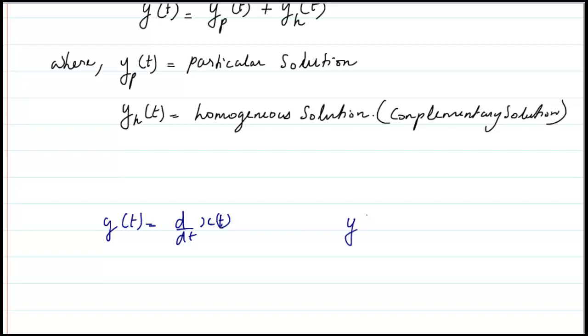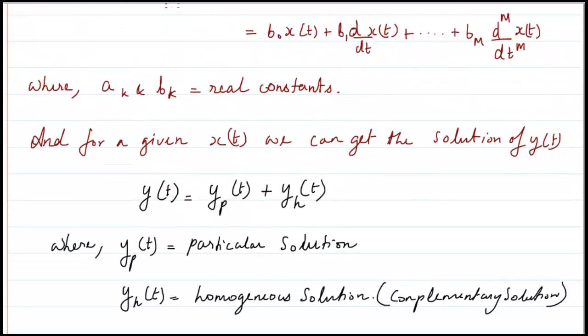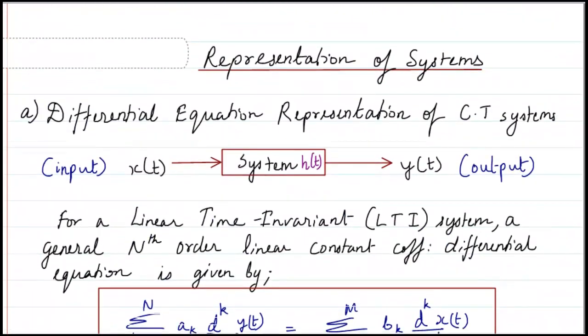Or if I write y of t is equal to 2x of t minus 2, this is also a kind of differential equation, but there is no differential component in it, that's all. So like that, the differential equation of a continuous time system is considered when we want to relate the input and the output of the system.